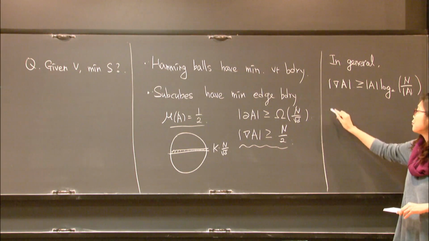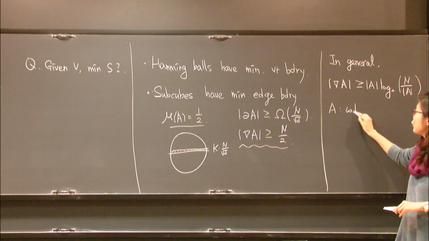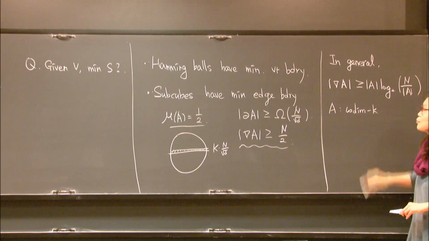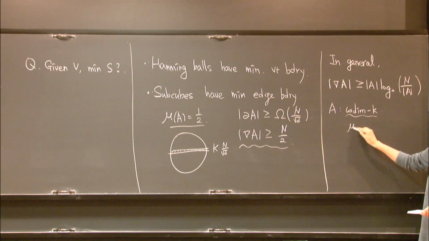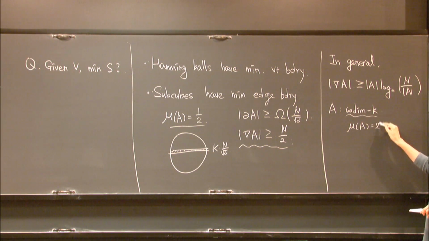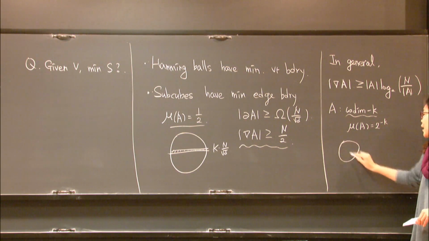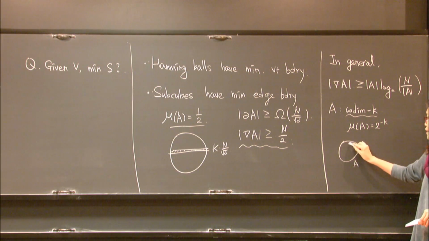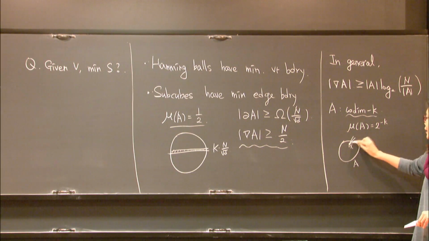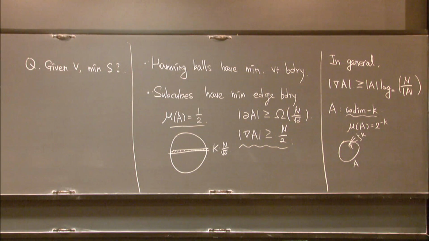So for example, if A is a codimension k subcube, meaning that the measure of A is 2 to the negative k, in this case, every vertex inside A has exactly k outside neighbors. So the size of the edge boundary is simply |A| times k, which coincides with this bound.